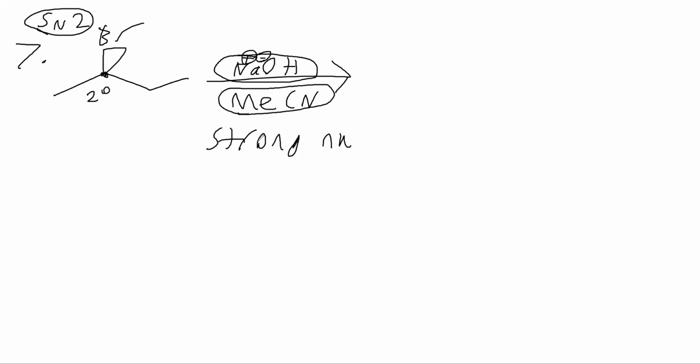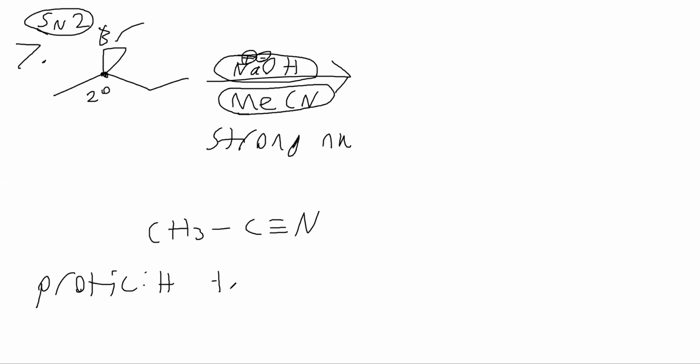And then this MeCN is acetonitrile. Is this an aprotic or a protic solvent? So Me is just a CH3 bonded to a CN. Is this protic or aprotic? In order to be protic, there should be a hydrogen bonded to an oxygen, nitrogen, or sulfur.